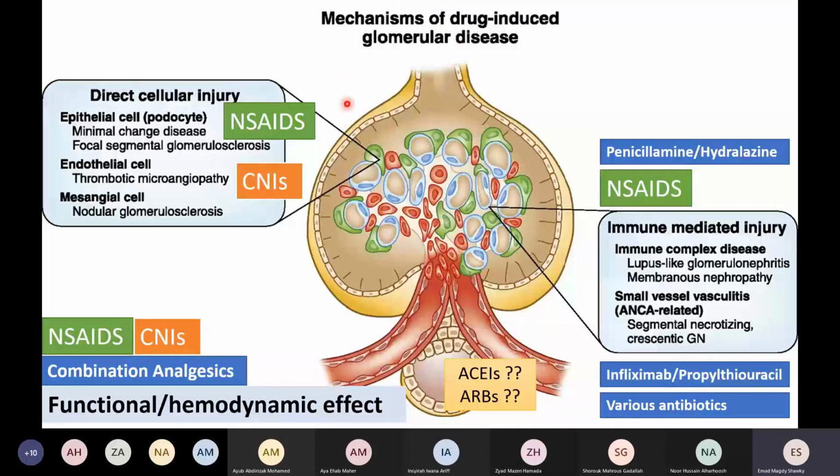If you try to find an example of direct cellular injury, you know the terminology of the glomerulus. This is the Bowman's capsule with one lining of cells, then the Bowman's space. This is the glomerular capillary. The blood comes from inside, and anything outside the glomerular capillary is urine.